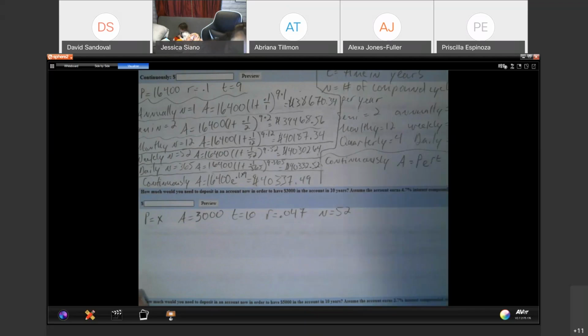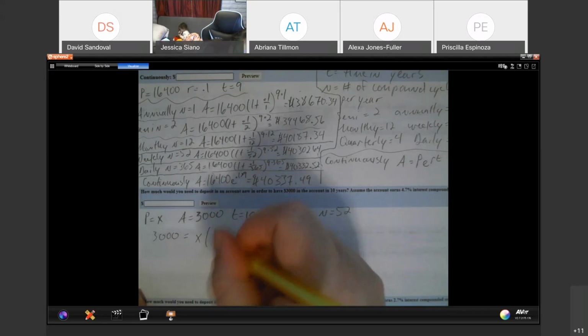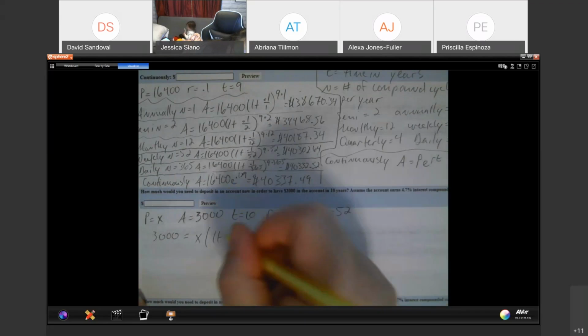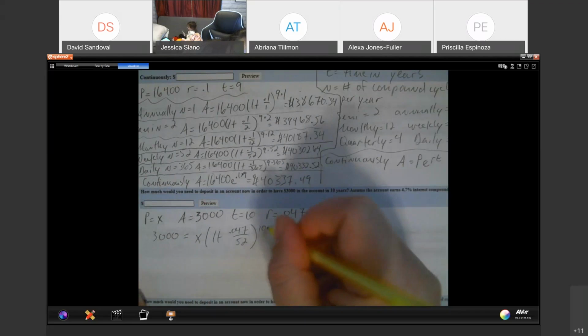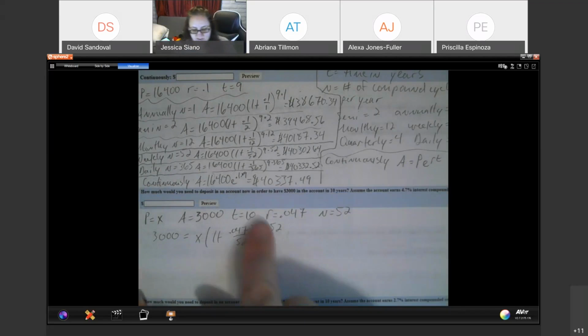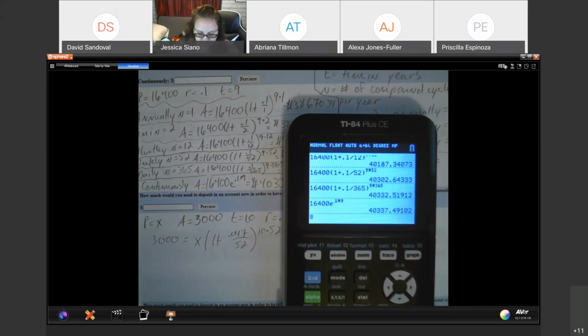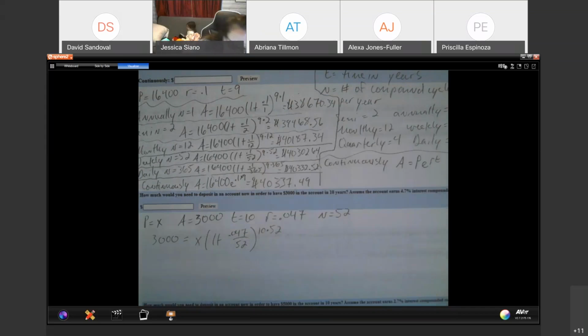So back to my formula from above. This would be 3,000 equals X times (1 plus 0.047 over 52) to the 10 times 52. So I'm going to put this in my calculator. 1 plus 0.047 over 52, to the 10 times 52, is 1.56.